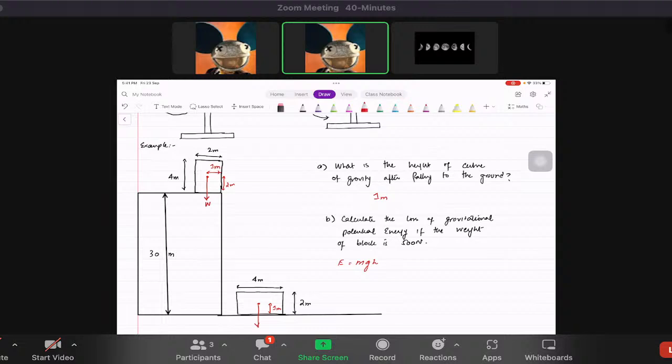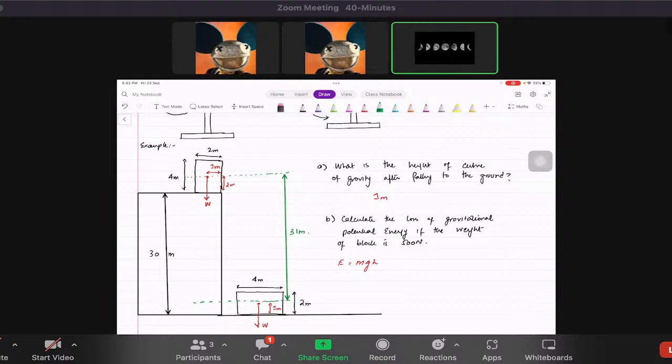So basically the height of this force has changed from the center of gravity before to the center of gravity now, in this position, right? Is it clear, Varisha? Now if you notice, the total height is 30 plus 2, which is 32, minus 1. This is 31 meters. Do you understand?